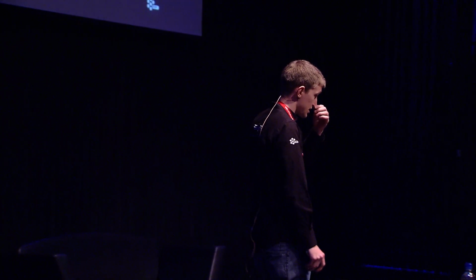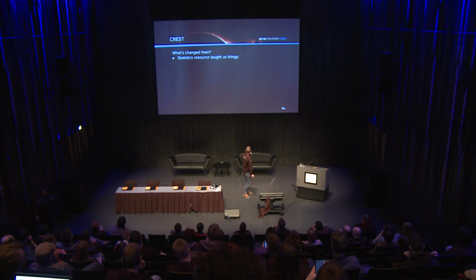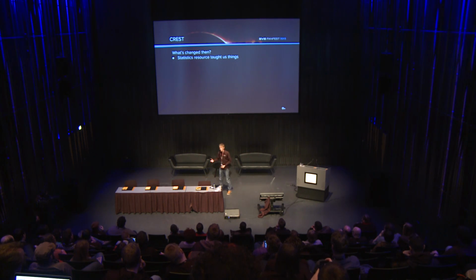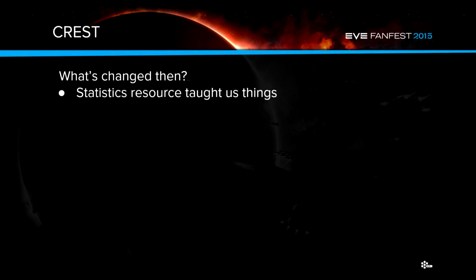What we realized recently, though, I'm not sure if you guys saw yesterday at the keynote, the statistics data that we started releasing. We realized we wanted to do that a few weeks ago, and we decided, well, we'd really rather put it into Crest than the XML API. How can we do that? Well, because the only bit of authentication we need is your character ID. We don't care about your corp.